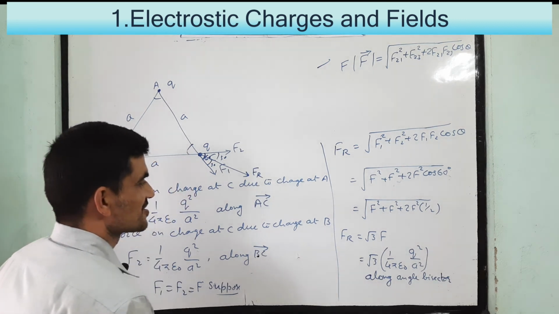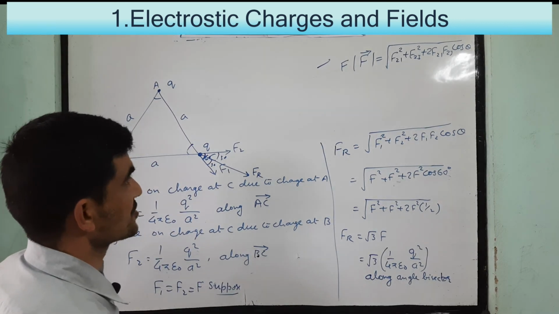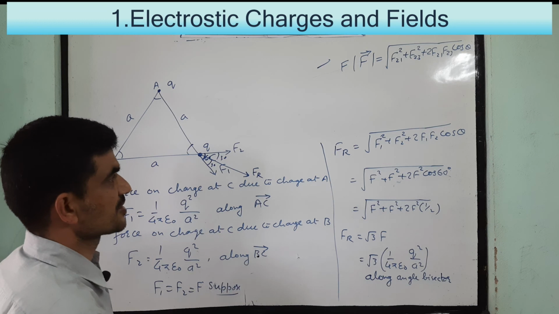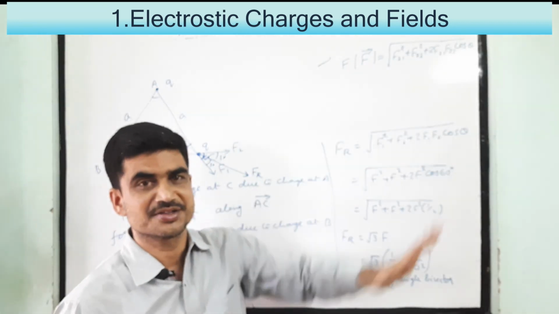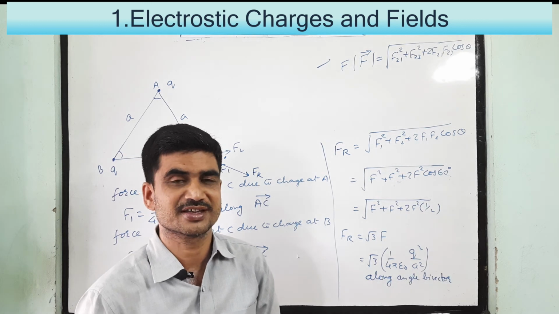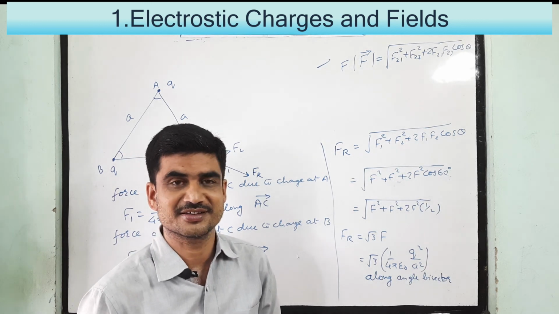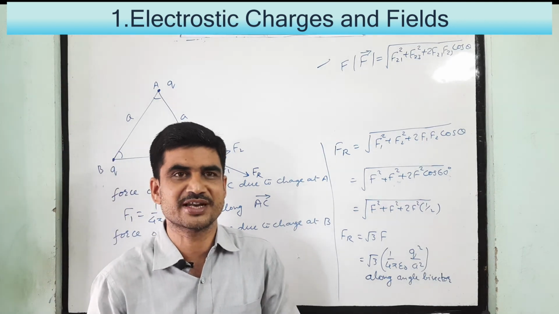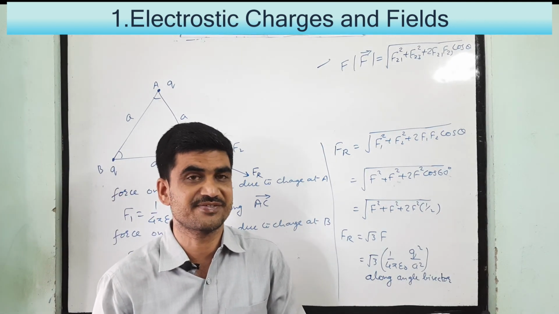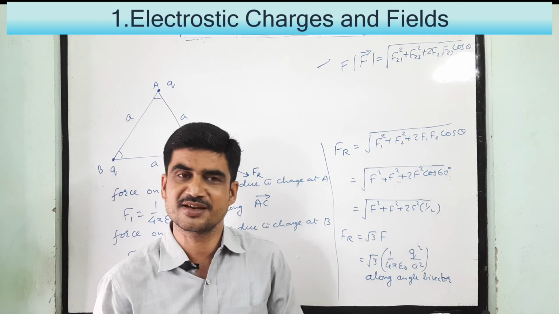Clear? So this is the way to solve for the force due to multiple charges. You have to apply this formula, so just practice some questions. Then in the next video we will study one of the most important concepts, the electrostatic field. All the best.